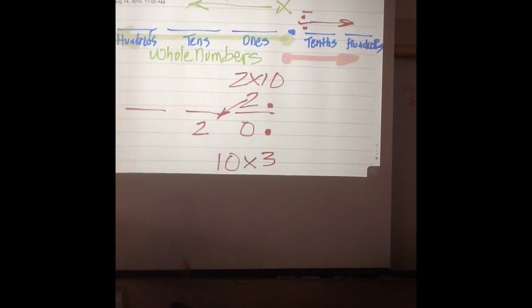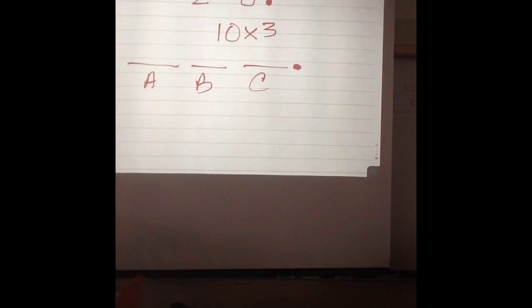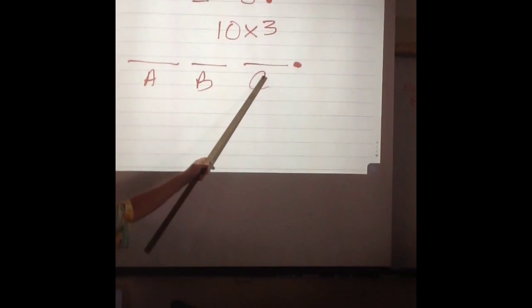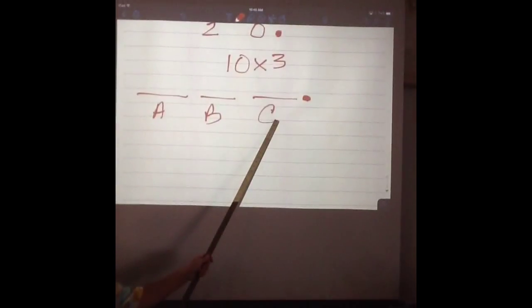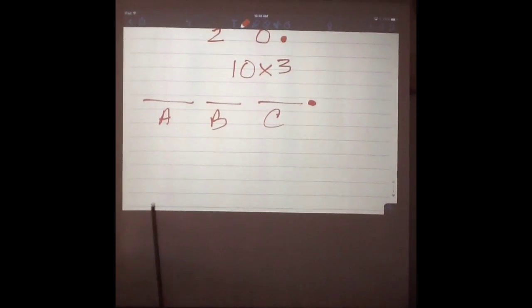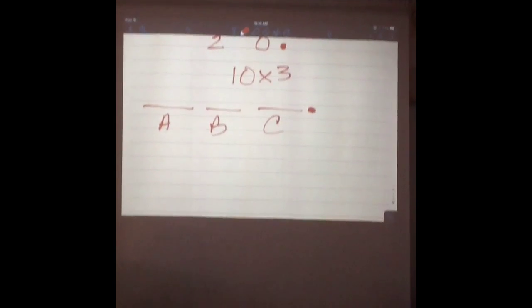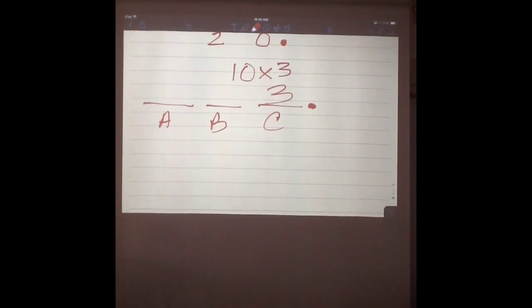And which one do you think it's in, A, B, or C? This is ones, tens, hundreds. So where's the 3 going to go? It's going to go in the C area, in the ones. You're correct.